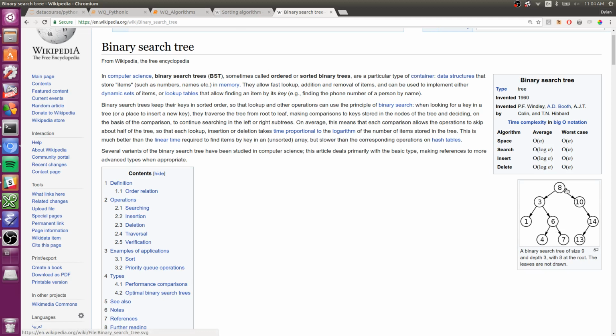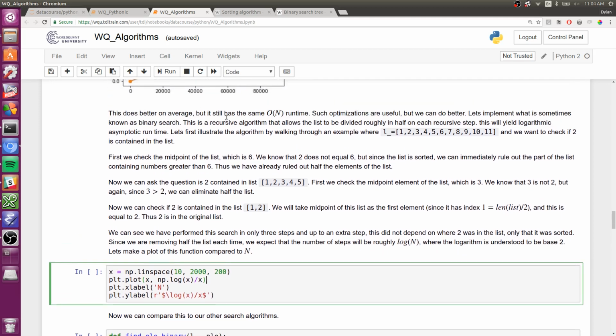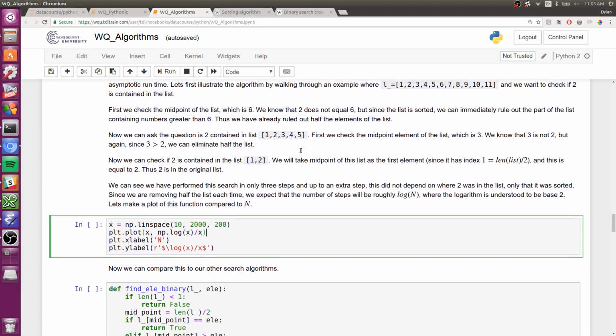And so to find something, we just have to start walking down branches of the tree until we find it. And since there are order log n layers, it's going to take us log n time to find that. So this binary search algorithm should take order log n time.